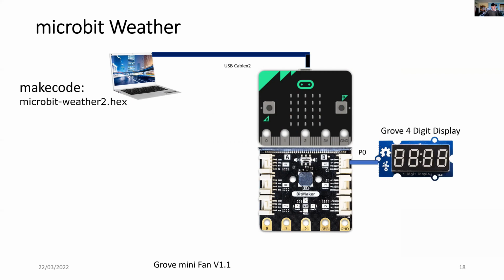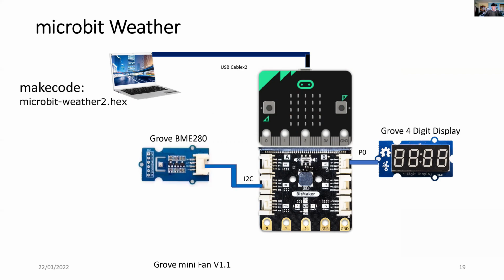And we're going to connect the Grove 4-digit display to port 0. And to the I2C port, which is on the other side, we connect the BME 280. And you need to connect both of these devices to BitMaker using the Grove colored cable.